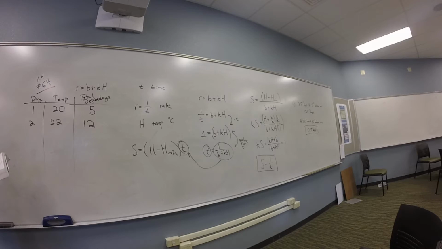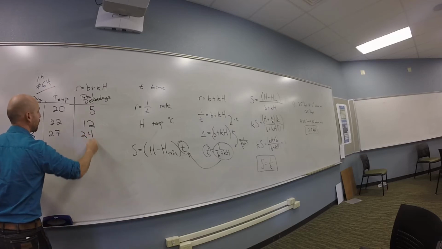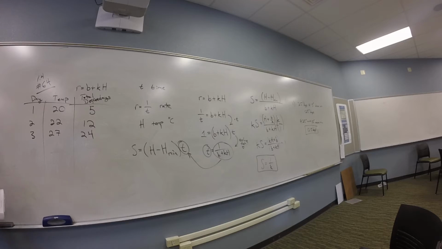It's okay, like I said, try to avoid the arithmetic wherever possible. So on day 3, we have 27 degrees, which is 12 degrees above the minimum, and I'm adding that to my total so far, so I get 24 total. So now we're a fifth of the way there, right?